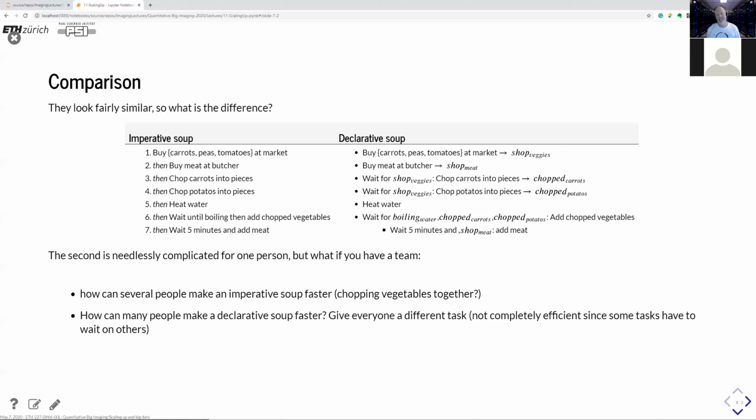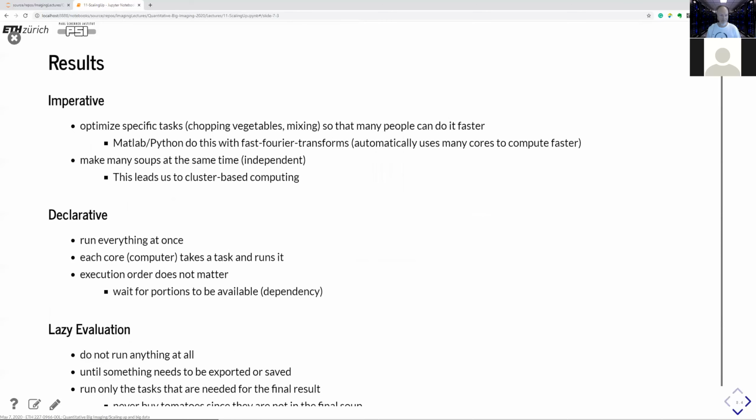So that would be one way of doing it. Or yet another way would be to say, each one of you get these resources, make a soup, and then each person is making his own soup. You have different possibilities now.